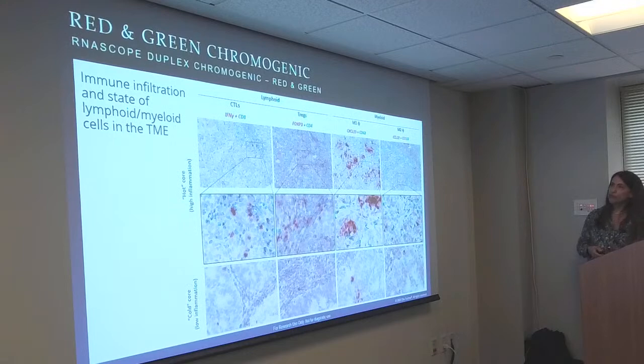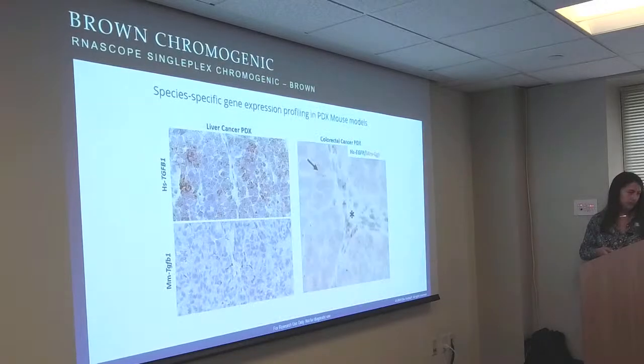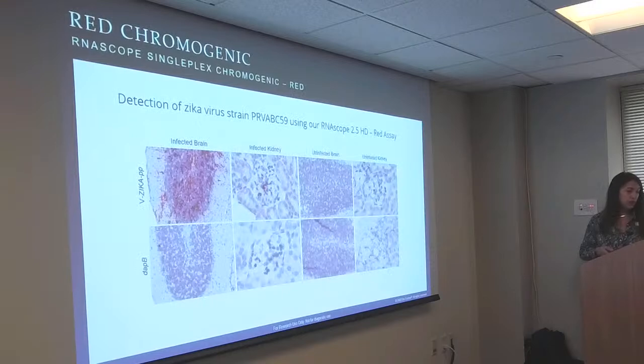So with red and green chromogenic, you can look at tumor infiltrating lymphocytes, you can look at macrophages, you can figure out what subset you're working with in a section. With brown chromogenic, you can look at species-specific gene expression, even in a xenograft model. With red chromogenic, you can look at viral transcript.